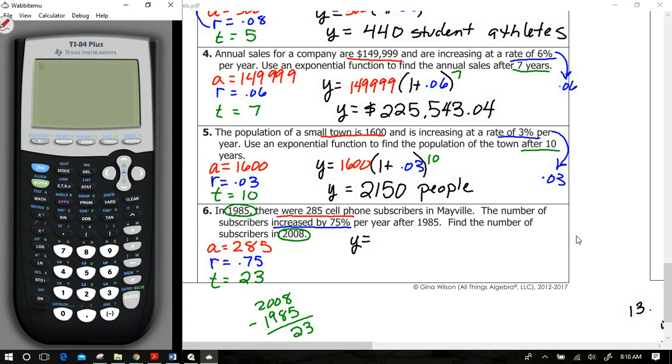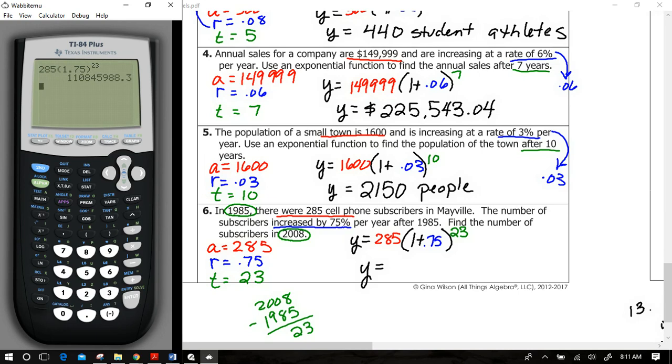Y equals 285 times 1 plus 0.75, and then raise that to the 23rd power. And so what I'm going to need to do is just type this in my calculator. So y equals 285 parenthesis 1.75 close parenthesis caret 23 enter.